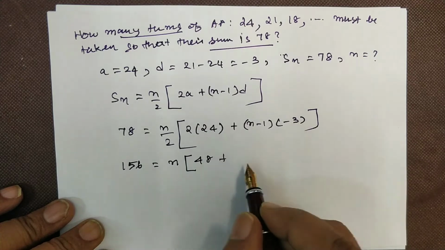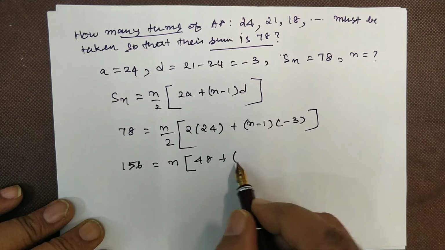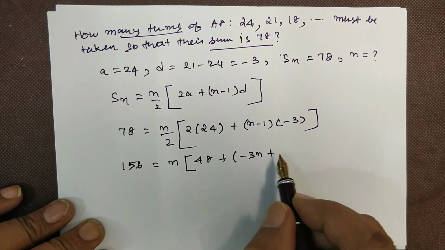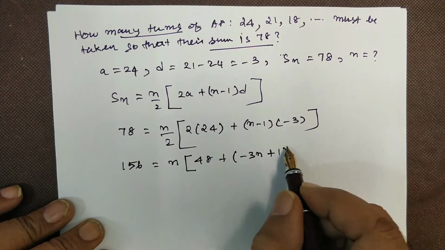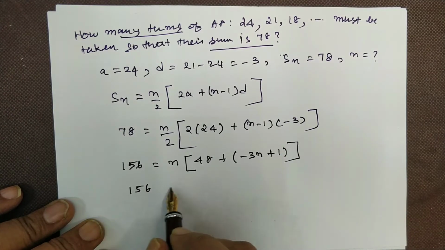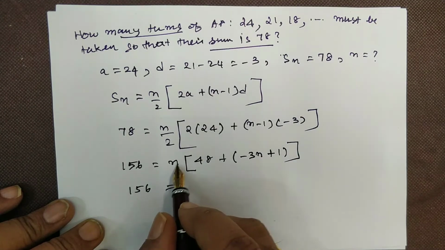And let us expand this. So minus 3n plus 1. So 156 is equal to, let us multiply n inside.